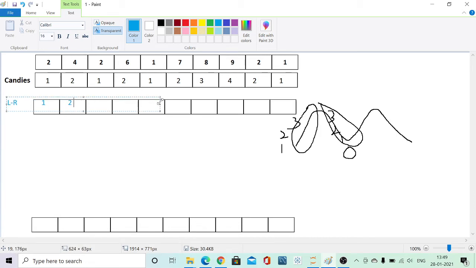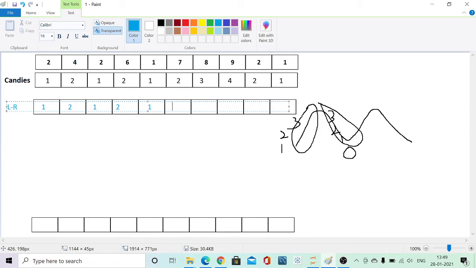Then the next student has a lower rating than the previous student, and we cannot be sure about the step size, but we know that he will get at least 1 candy, so we simply write 1. Now the next student has a higher rating than the previous student, so he will get 2. Now again 1 is less than 6, so we cannot be sure for how many steps we will get the decreasing trend, but we know that this student will get at least 1 candy.